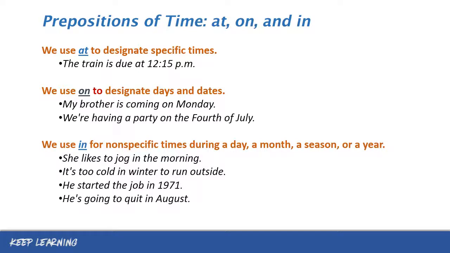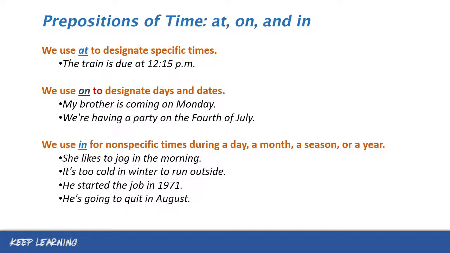And we use in when we're talking about big pieces of time: a part of a day, a month, a season, or a year. She likes to jog in the morning. As you can see, it's a big division of the day. It's too cold in winter to run outside.